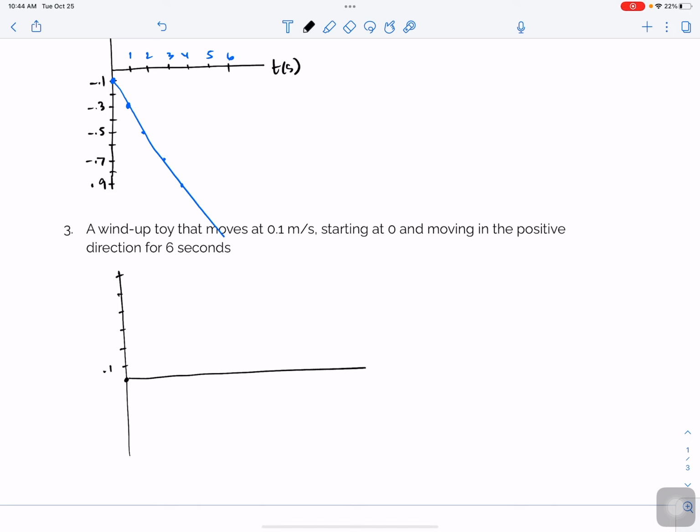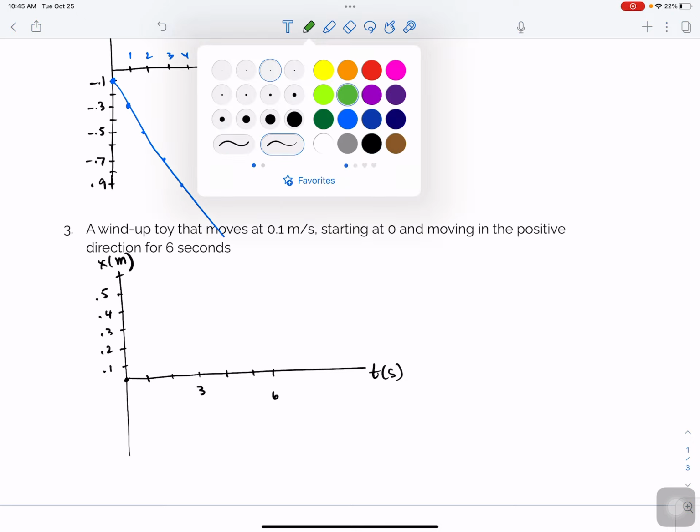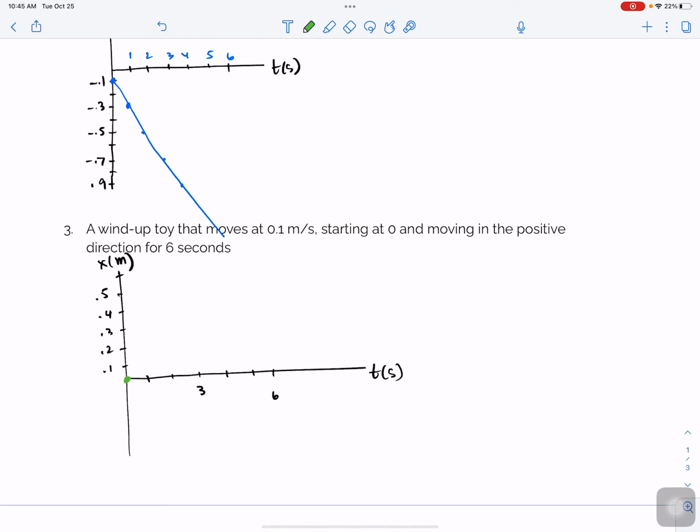So 0.1, 0.2, 0.3, 0.4, 0.5, label. 1, 2, 3, 4, 5, 6. T is 6. So I know that it's starting, green, at 0, 0. After 6 seconds, I know that it's going to be at 0.6.